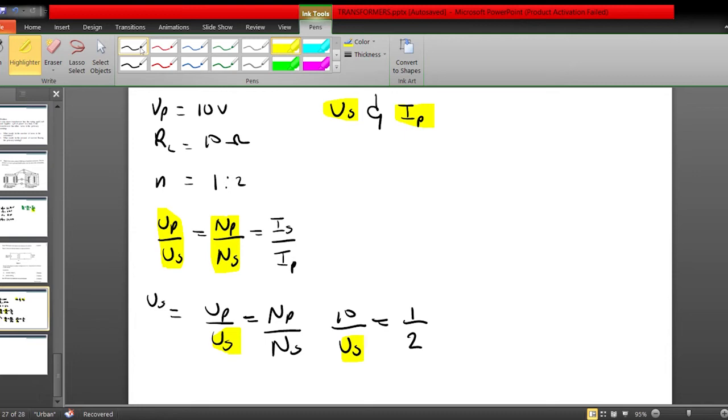Now at this point we are going to cross multiply. Alright, so we have 10 times 2, and that's equal to 20, equals Vs times 1, which is the same thing, so you have Vs. So Vs is equal to 20 volts.